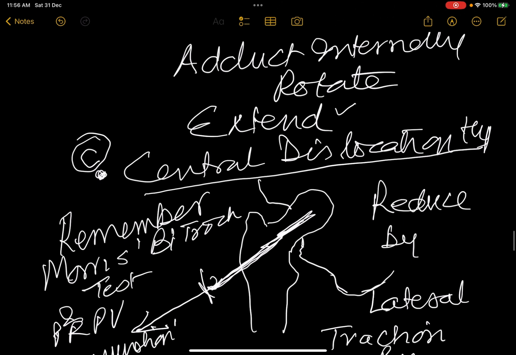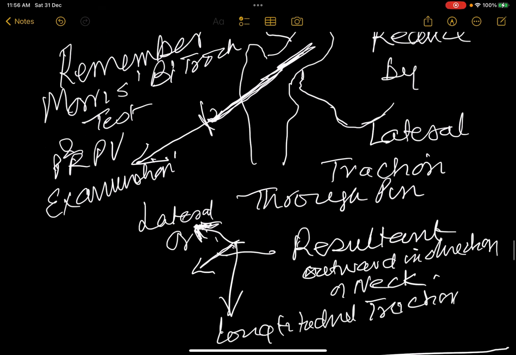In central dislocation of the hip, you can pull the head out by a traction pin, or you can pull the head out by a lateral longitudinal traction where the resultant is in the direction of the neck. After pulling it out, you may retain it by reconstructing the medial plate.